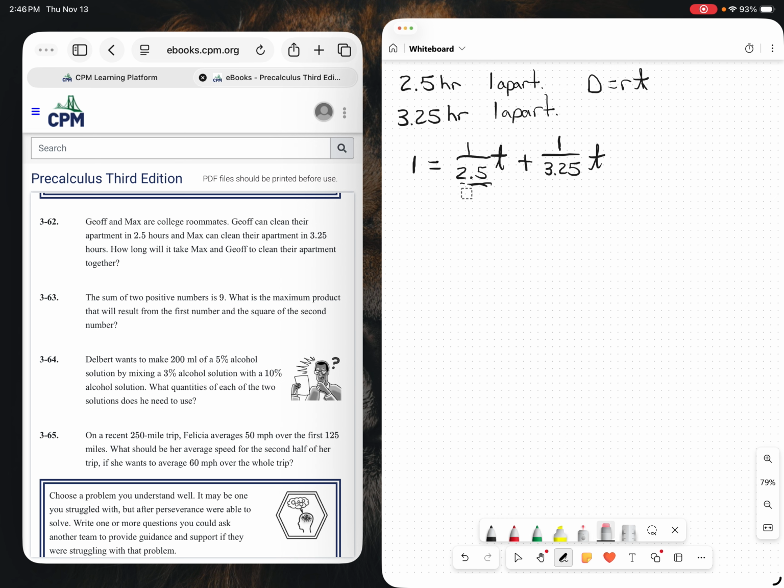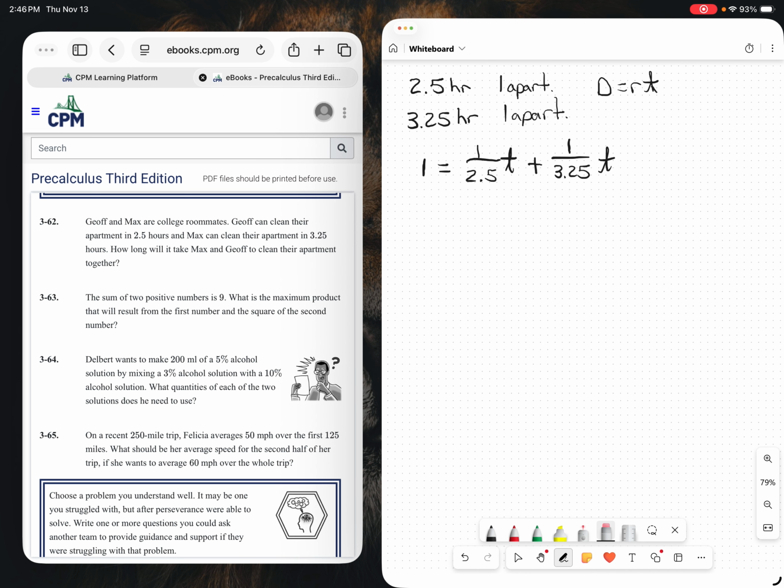What I would tell my pre-calculus students is to use their calculator to do this. So they're going to multiply by 3.25 over 3.25, or the giant 1, as our book describes it. We're going to multiply the other side by 2.5 over 2.5.